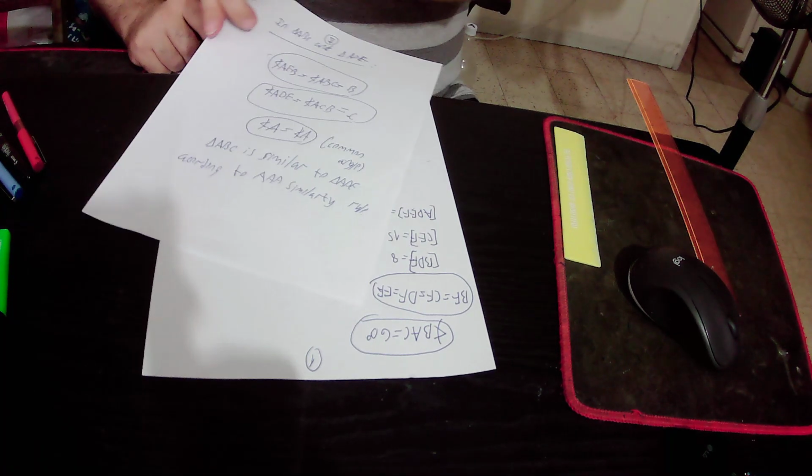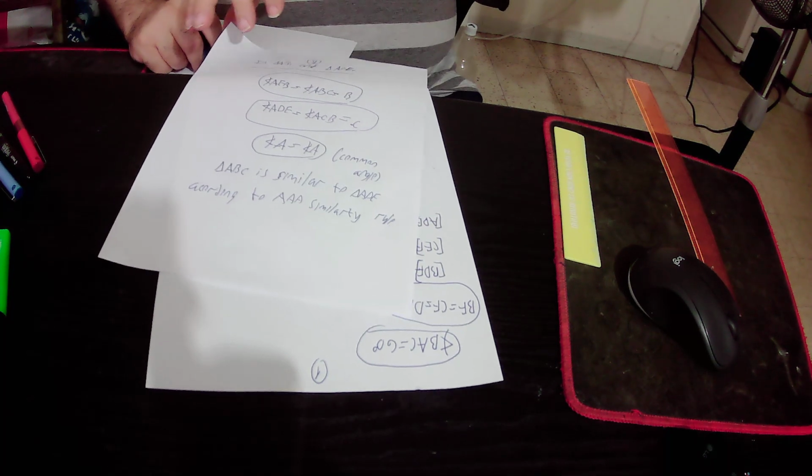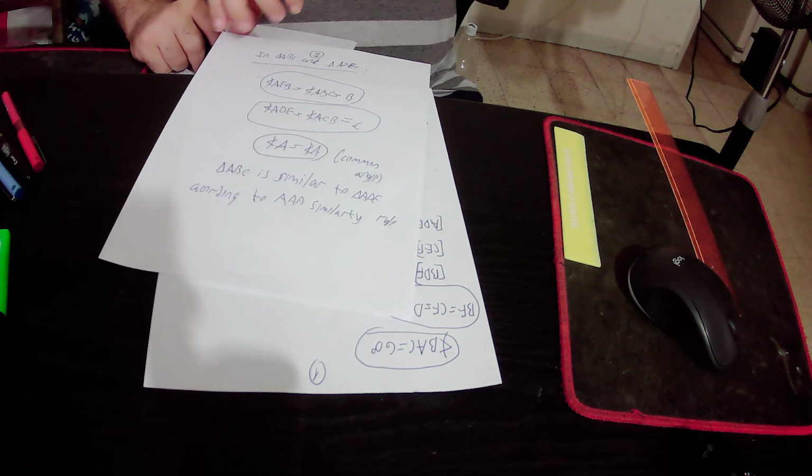Again, triangle ABC is similar to triangle ADE according to the angle similarity rule.